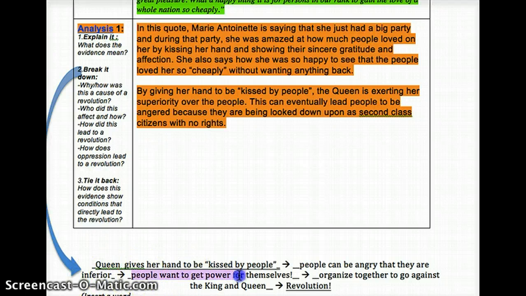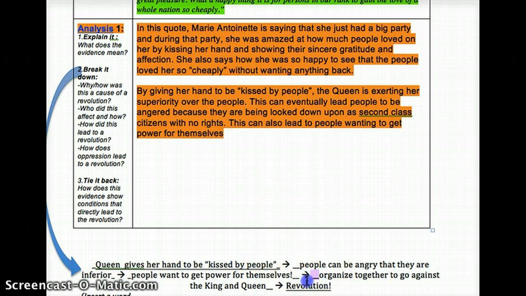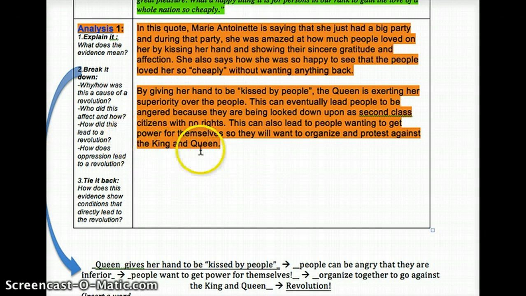So I said that one. Now I can do this one. How could this lead to revolution? Well, this can also lead to people wanting to get power for themselves, so they will want to organize and protest against the king and queen. Okay, thus the revolution would start.